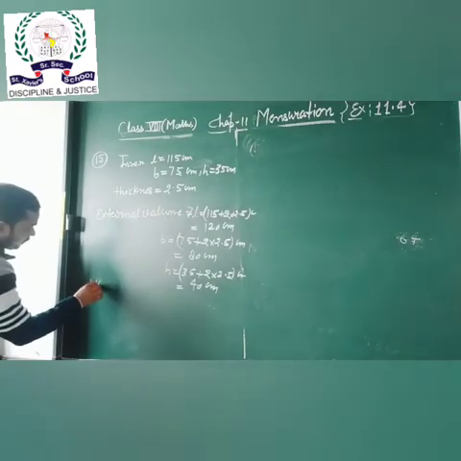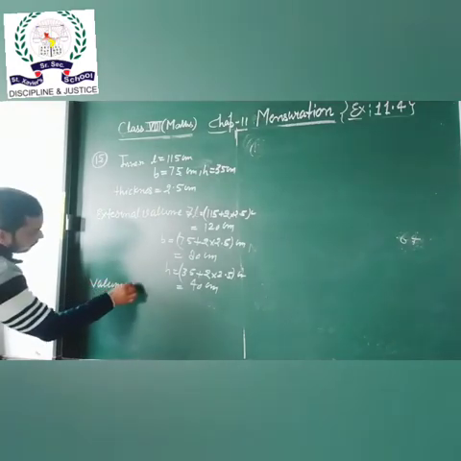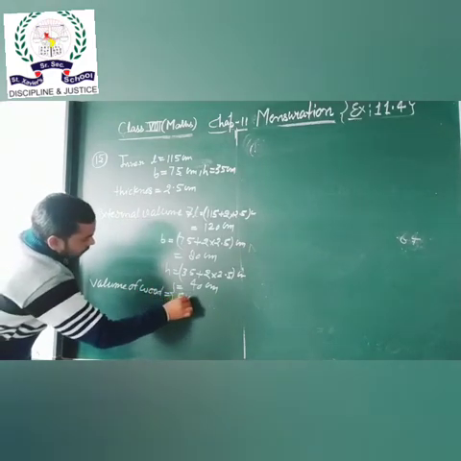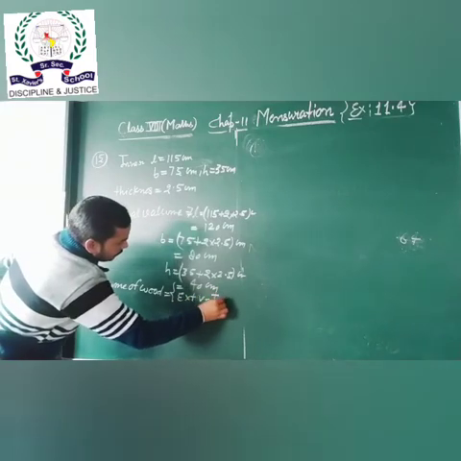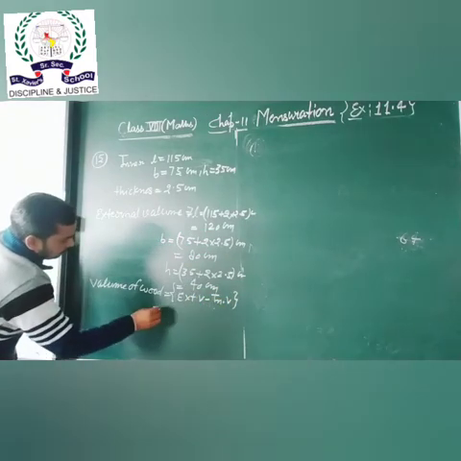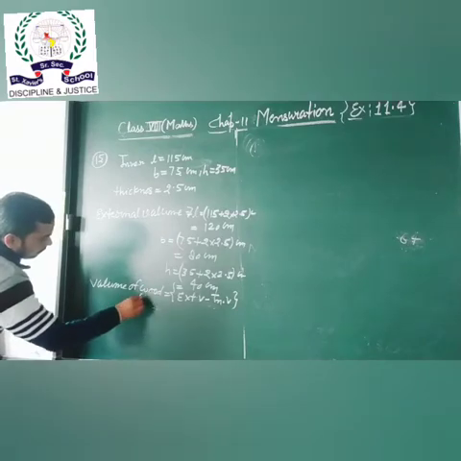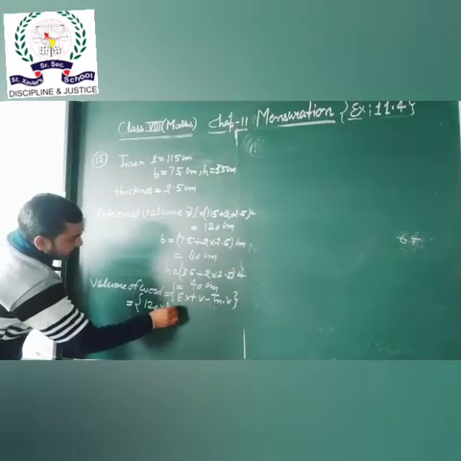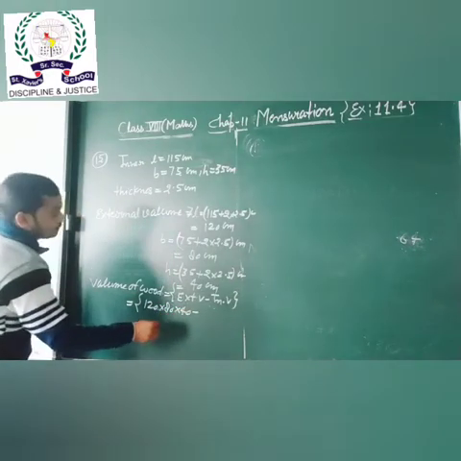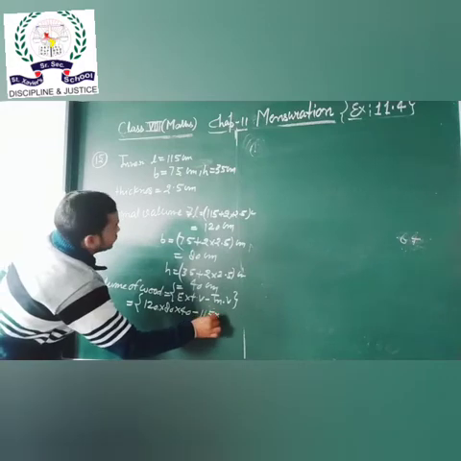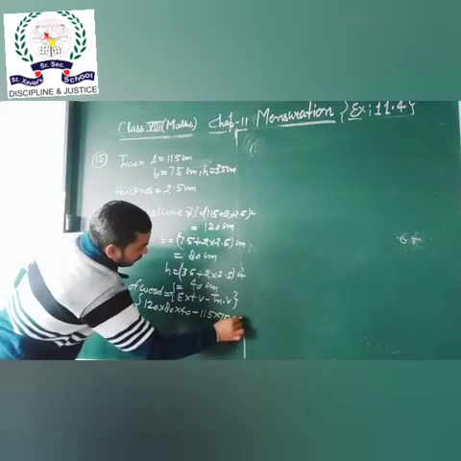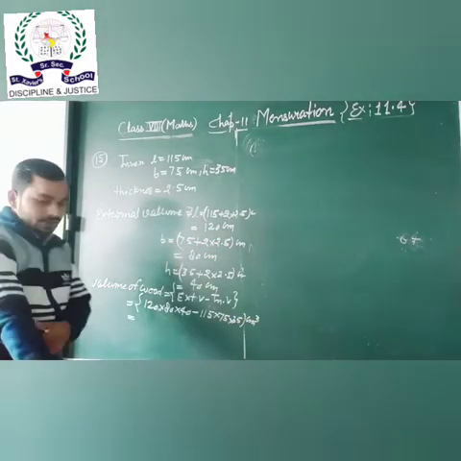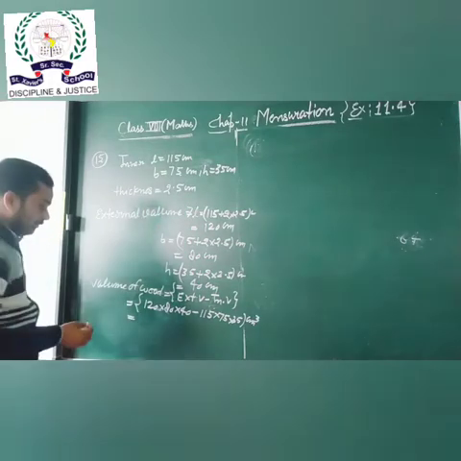And the volume of wood equals external value minus internal value. External value 120 into 80 into 40 minus 115 into 75 into 35 centimeter cube. 12 8s 96, 4 96s 384.